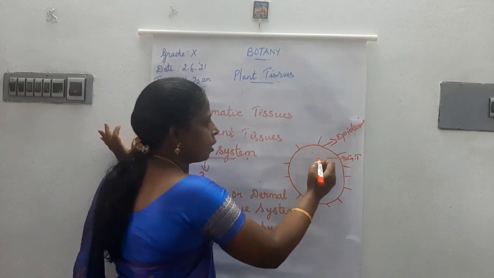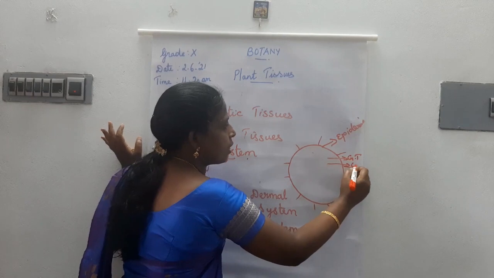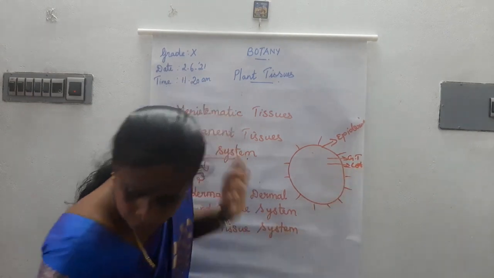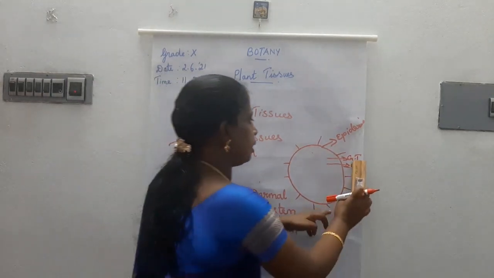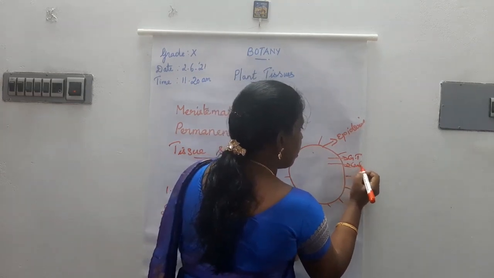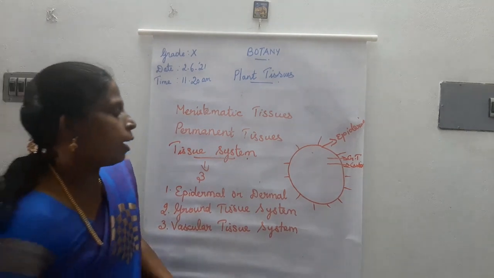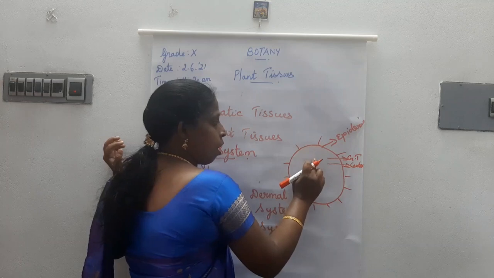Below the epidermis, that region we call the cortex. It is made up of either parenchyma, sclerenchyma or collenchyma.